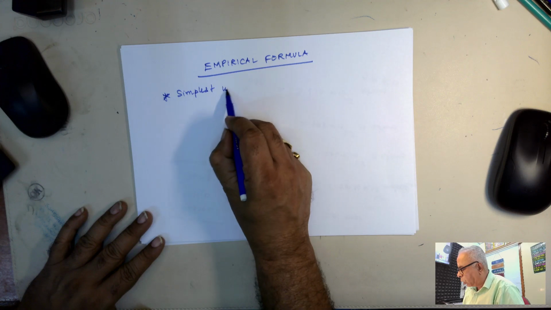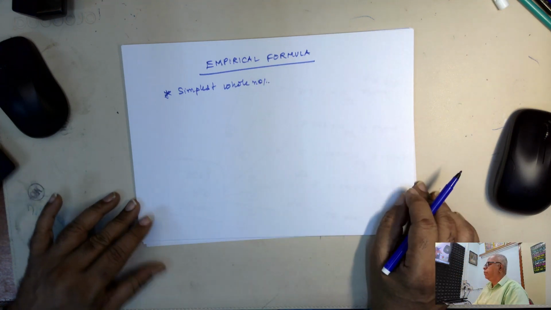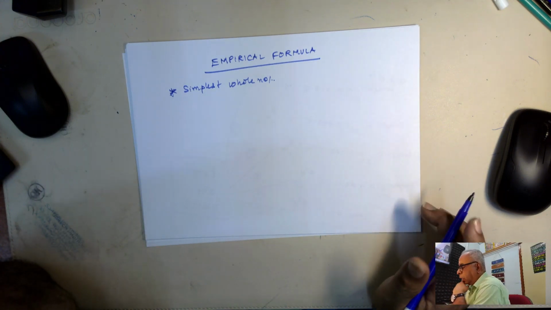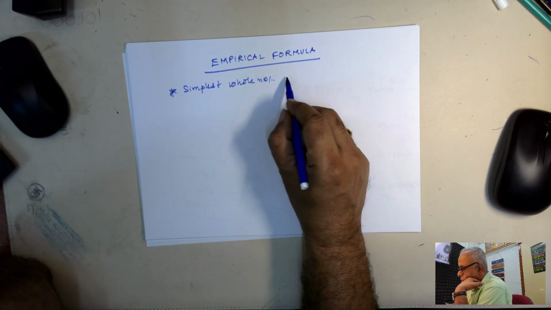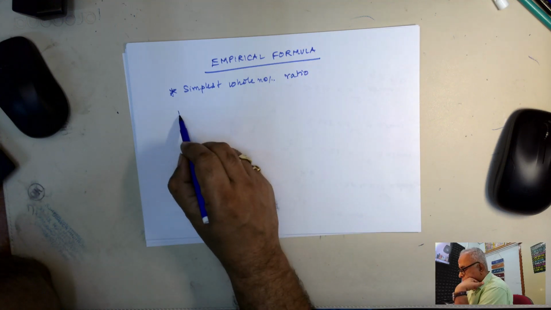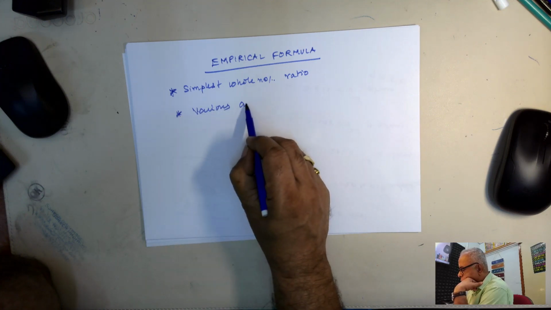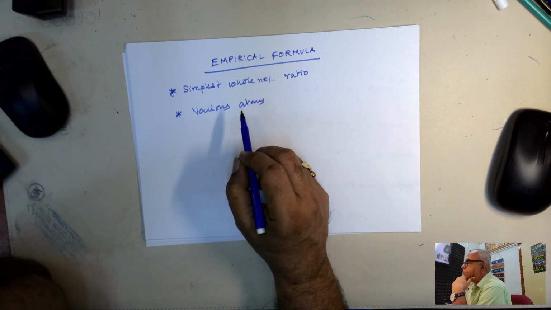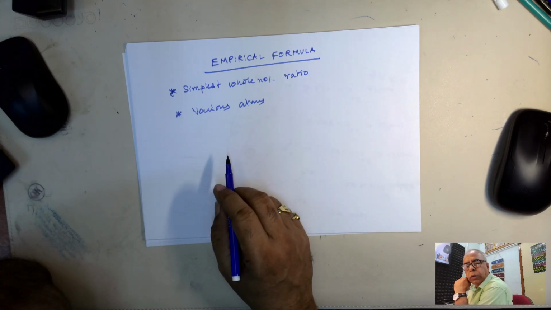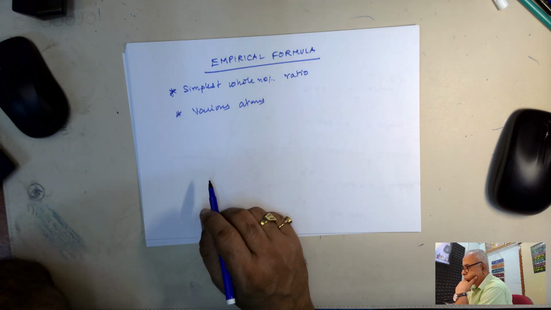It is the simplest whole number, and as a ratio of various atoms present in one molecule of the given compound.